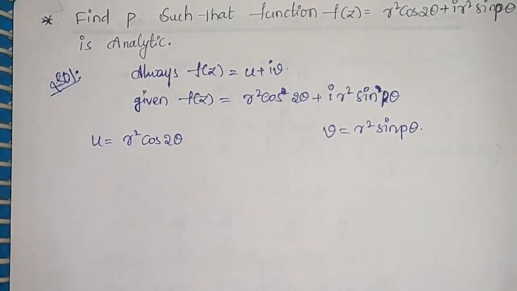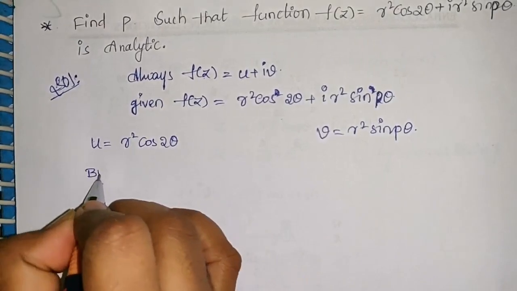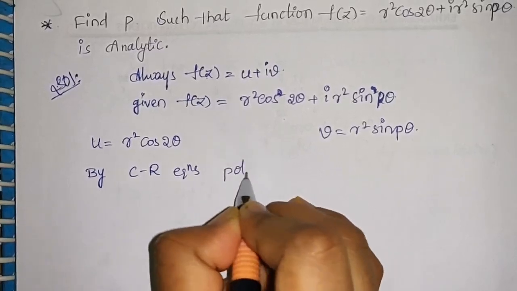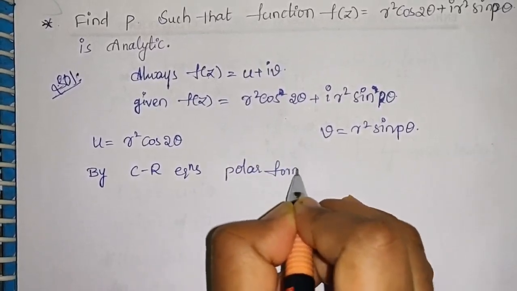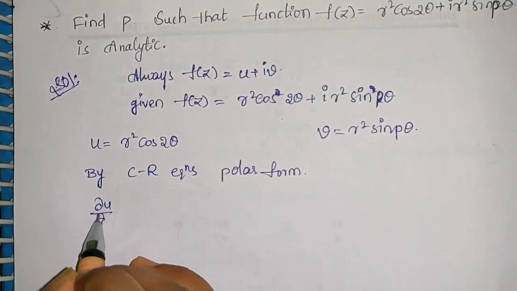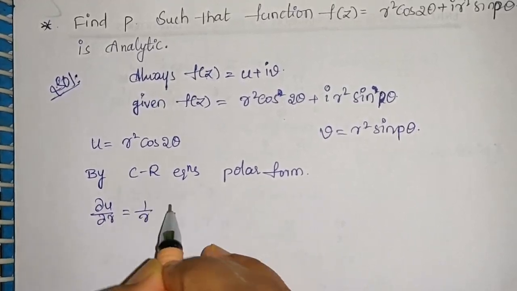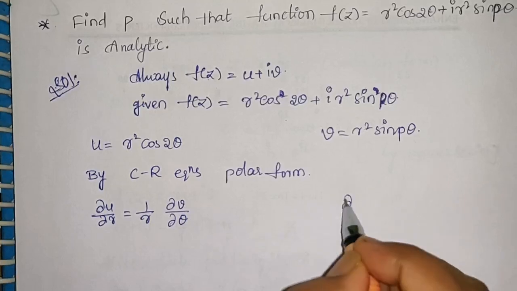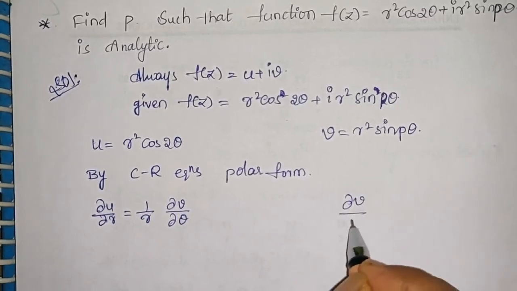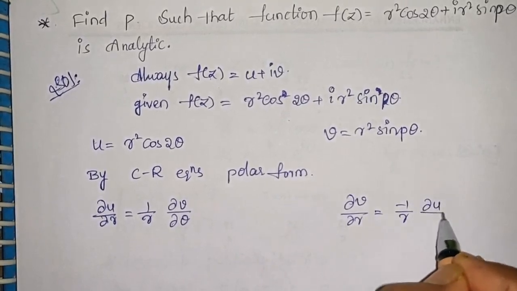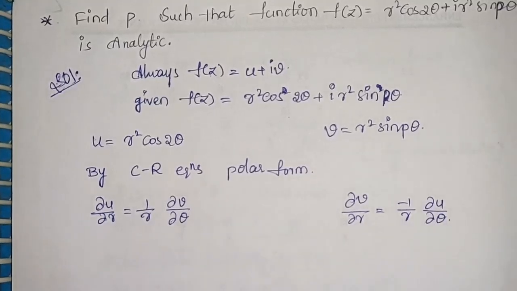We need to find the p value. So by CR equations in polar form, what can we write? We already discussed ∂u/∂r equals 1/r ∂v/∂θ, and another one is ∂v/∂r equals minus 1/r ∂u/∂θ. These two are the CR equations in polar form.